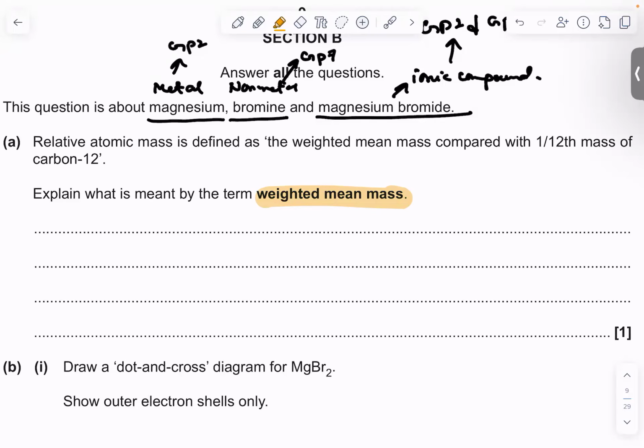The average mean mass of an atom compared with... When do you calculate mean?